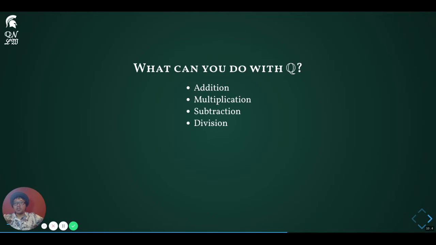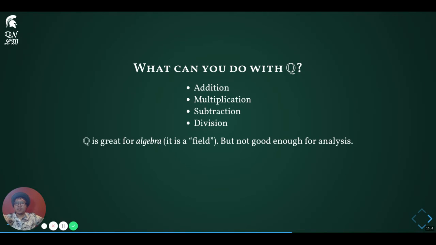The usual four-function arithmetic can all be performed for rational numbers. Such sets of numbers, which are closed under addition, subtraction, multiplication, and division, as long as you don't divide by 0, are called fields.